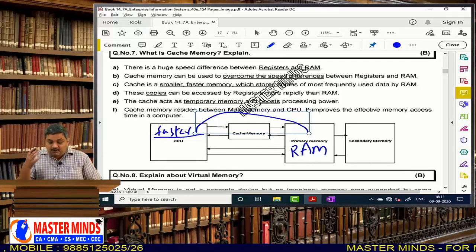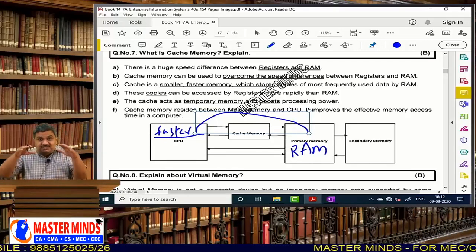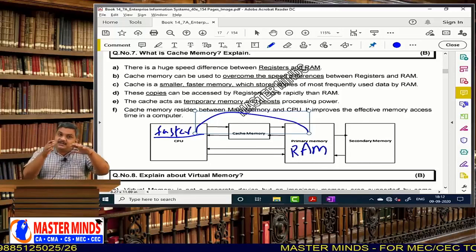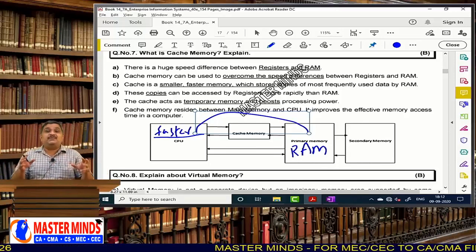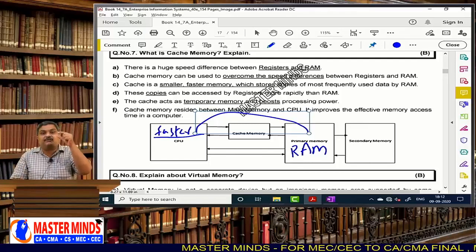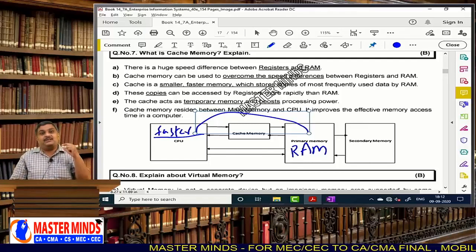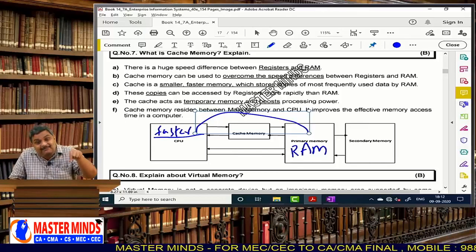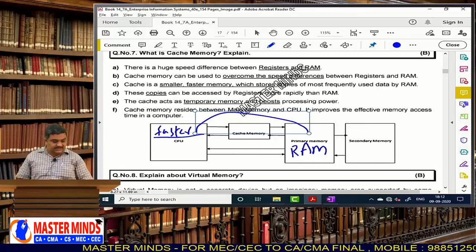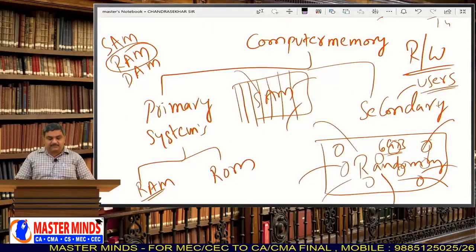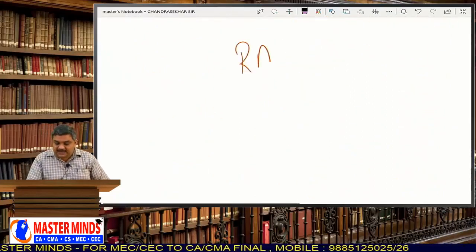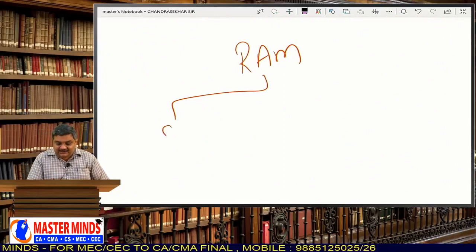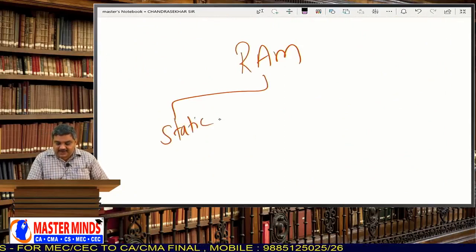So, in order to bridge the speed differences between the CPU and the RAM, the computer engineers have devised a new kind of RAM. See, cache memory is also a RAM. If you want to understand the concept, you have to know a very important point here. RAM is again of two types: static RAM and dynamic RAM.